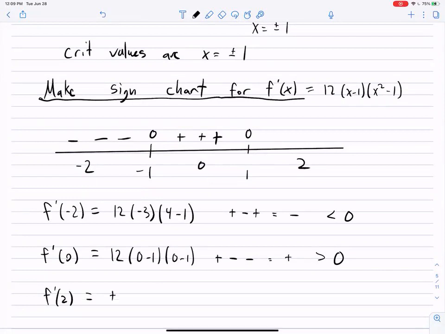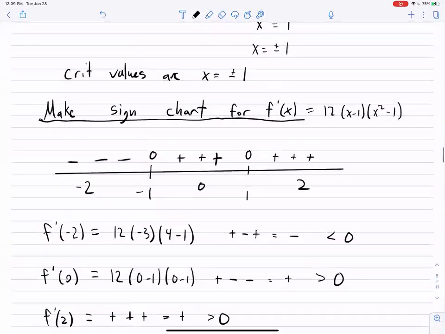It's going to be positive, because 2 minus 1 is positive and 4 minus 1 is positive. So it's positive times positive times positive, which is greater than 0. So this is going to be positive. Negative, positive, positive. Yep.